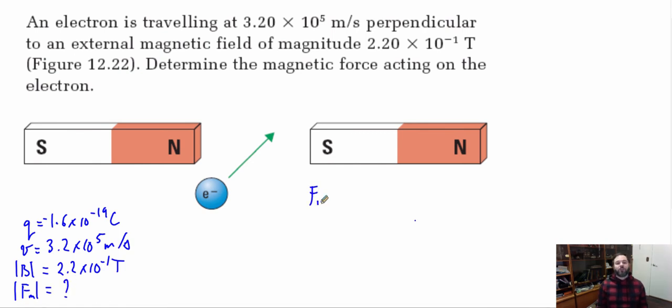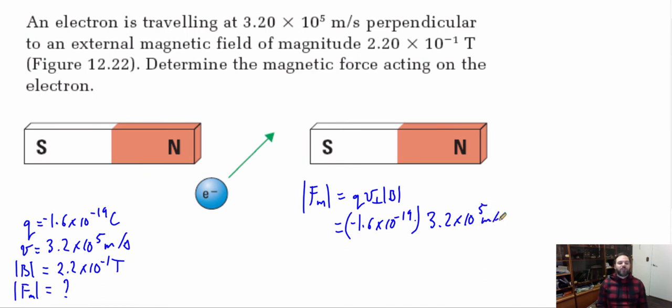So now I'm going to use my formula for magnetic force, which is equal to my charge of the electron multiplied by my perpendicular velocity multiplied by my magnetic field strength. That's going to give me 1.6 times 10 to the negative 19 coulombs multiplied by 3.2 times 10 to the 5 meters per second multiplied by 2.2 times 10 to the negative 1 teslas, which will end up giving me a total of 1.13 times 10 to the negative 14 newtons.